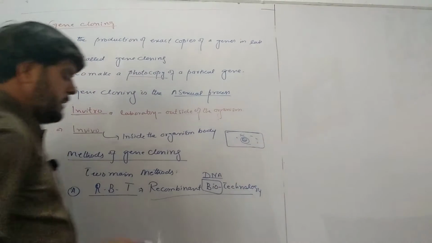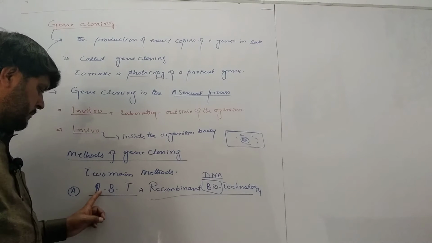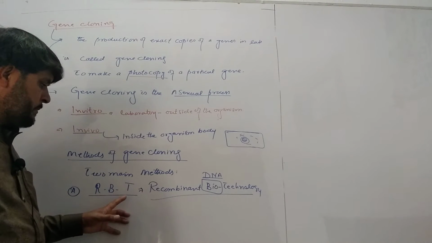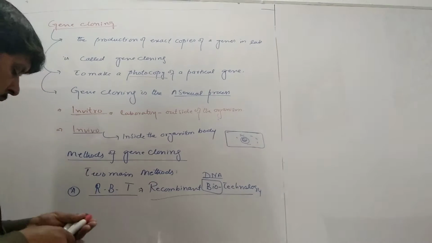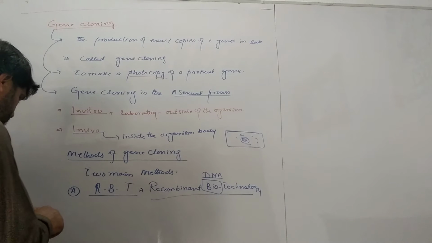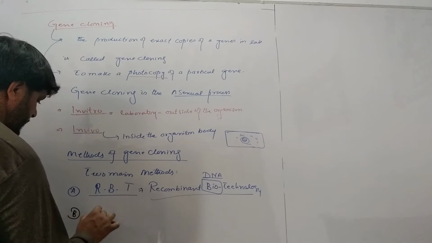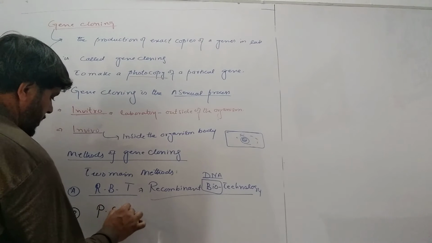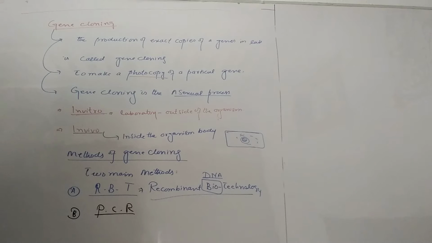There are two main methods for the production of a desired gene. The first one is RBT, recombinant biotechnology method. It is also called recombinant DNA technology. And the second one is PCR. PCR stands for polymerase chain reaction.